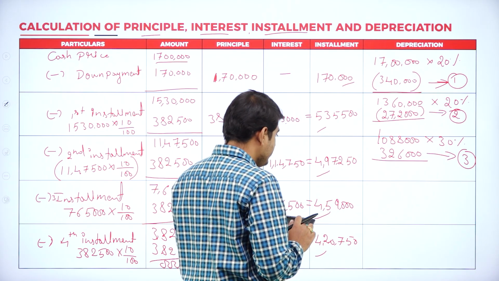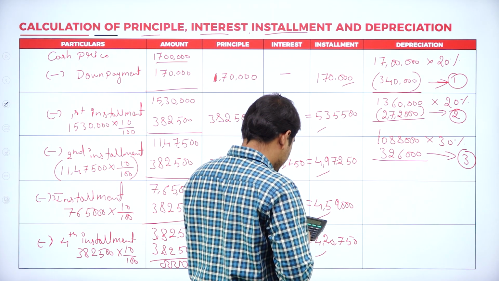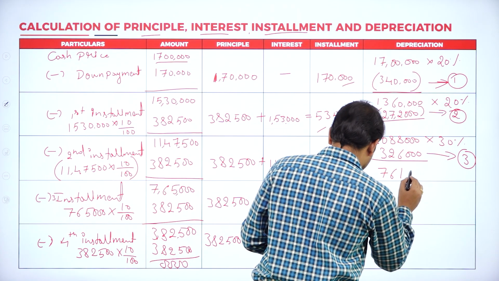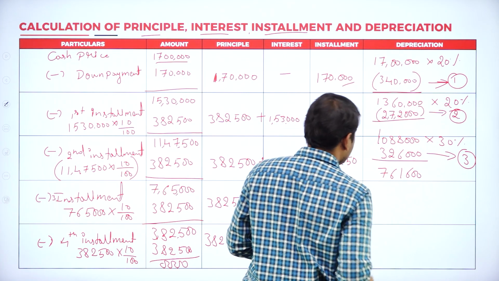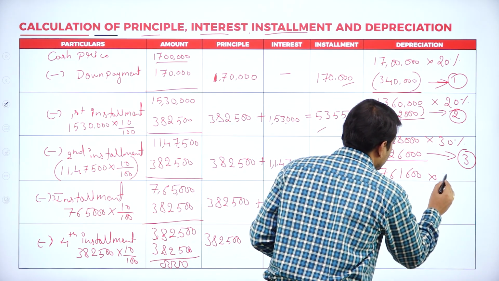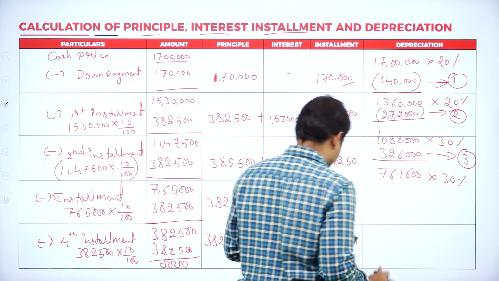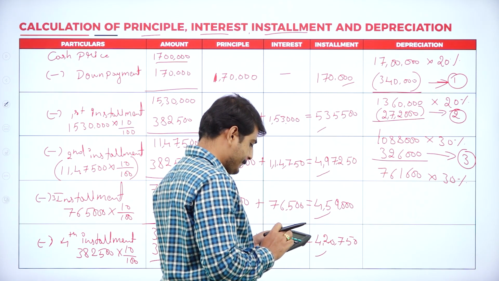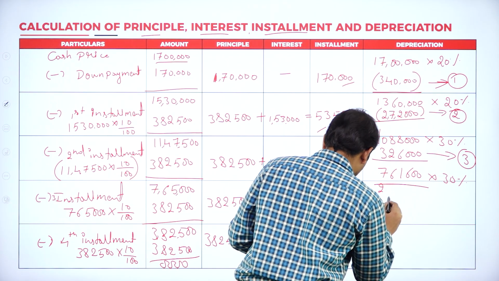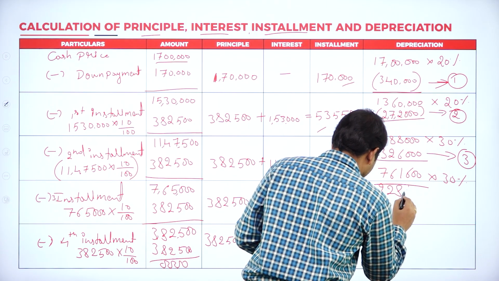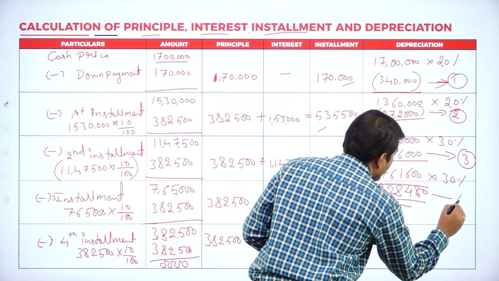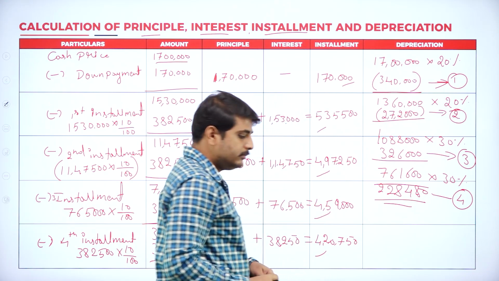Deduct this from 10,88,000. So it is 7,61,600. And again we have to calculate at 30% depreciation. It is 2,28,480, the fourth year depreciation.